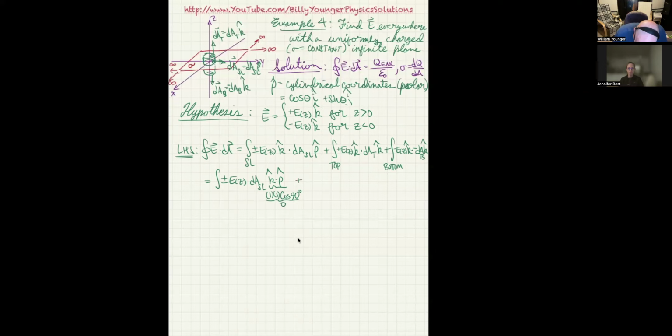And then we get plus, in this case, we just get E of Z integral dA top k hat dot k hat plus E of Z. Notice you had a minus and a minus gave us positive. So integral dA bottom k hat dot k hat. Those two are equal to 1. So the left-hand side just becomes 2 times E of Z. And that's it.